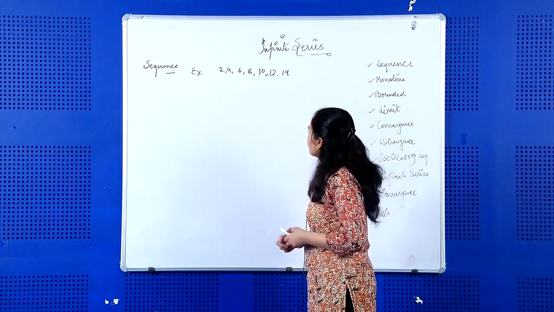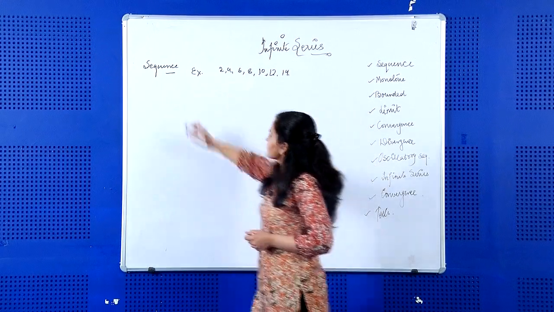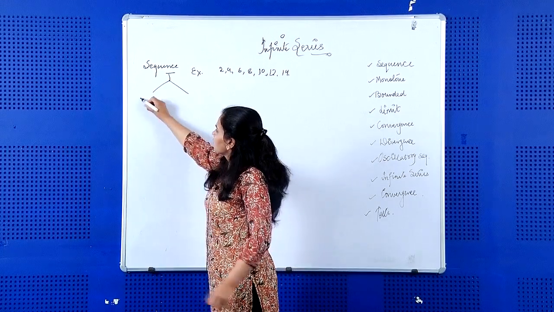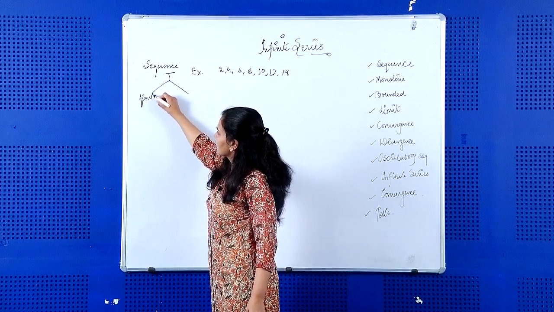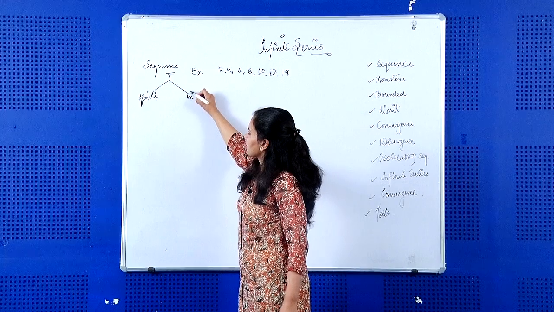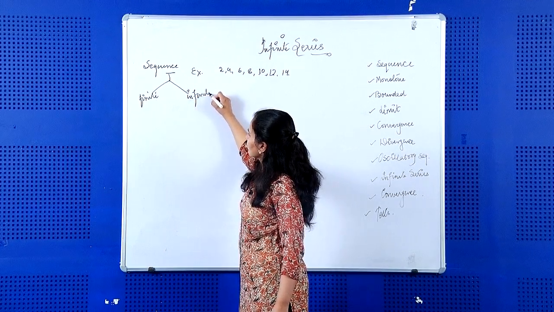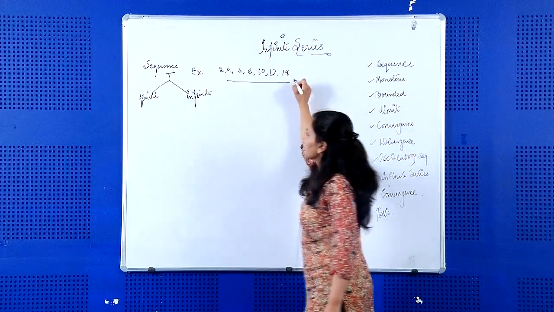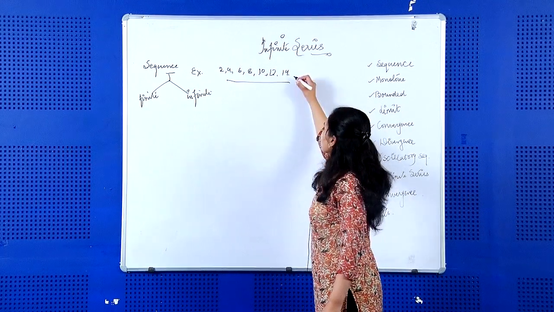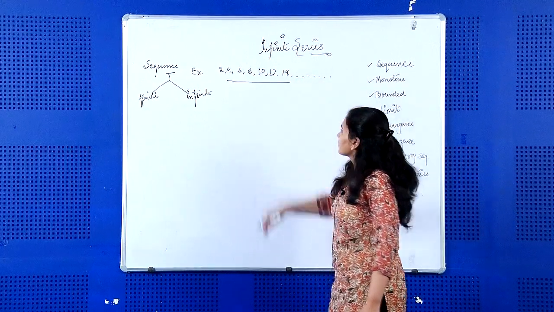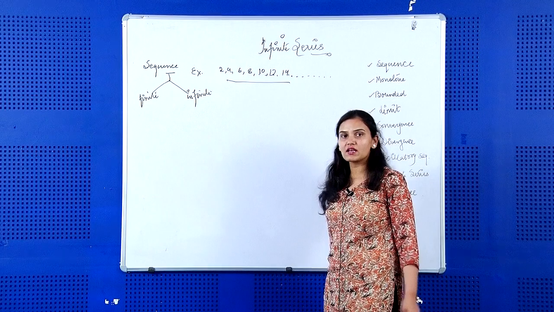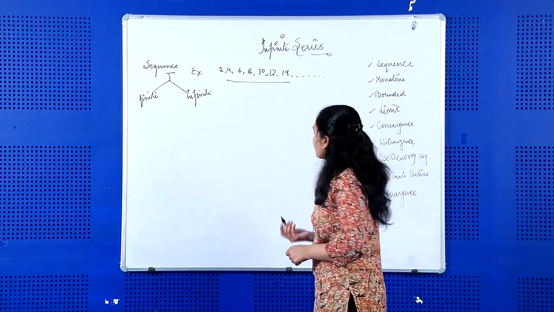That pattern can be anything. A sequence can be finite and it can be infinite. This is an example of a finite sequence, and if I proceed, it can be an example of an infinite sequence.